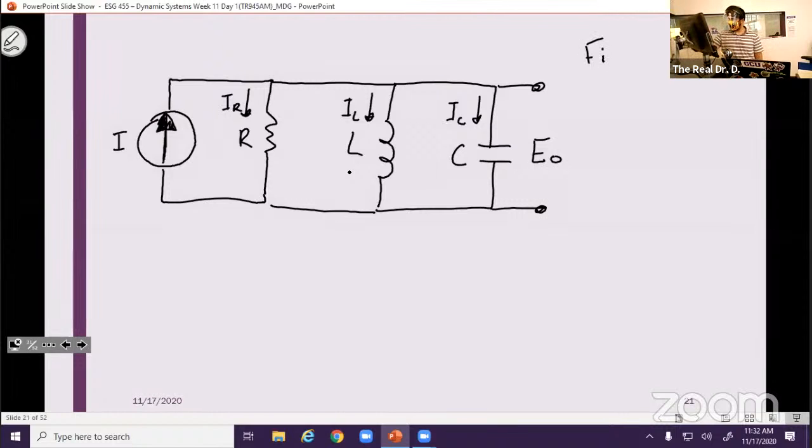I want you to find E out of S over I of S. I'm gonna give you guys until 11:45 to run through. You should use impedance. Use the impedance.